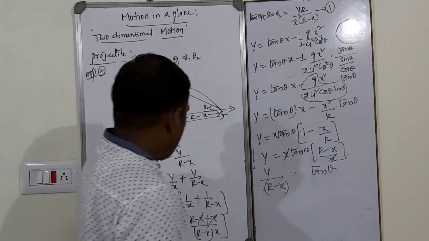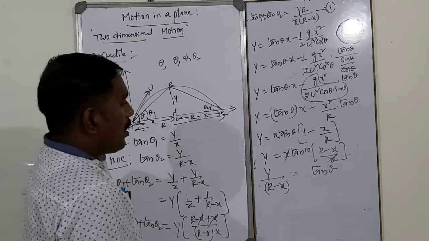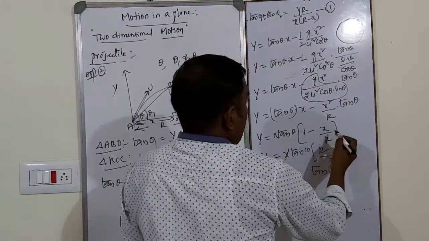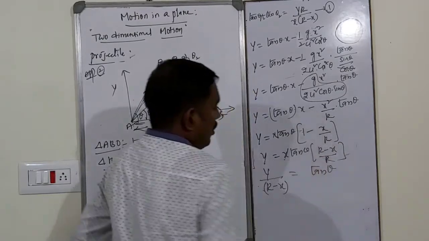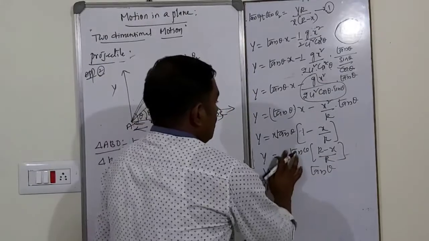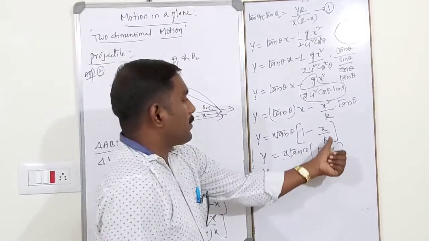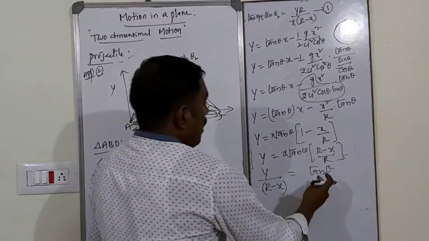Tan theta. See, there is equation number 1. Sorry, this is r, dear student. X tan theta: 1 minus x by r, LCM is r minus x by r, students.